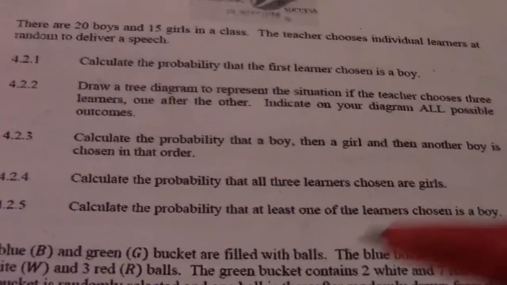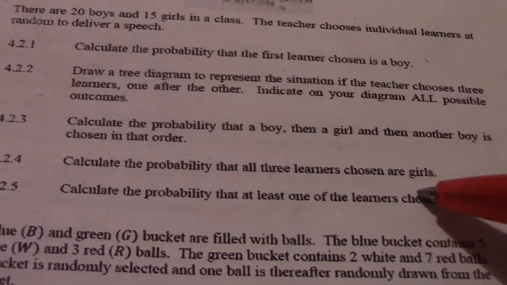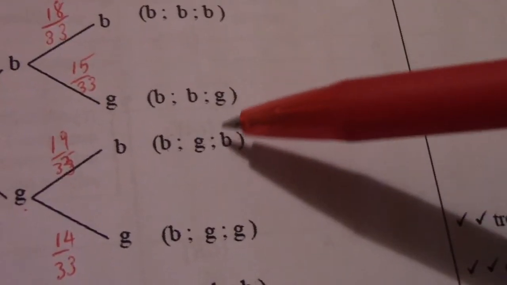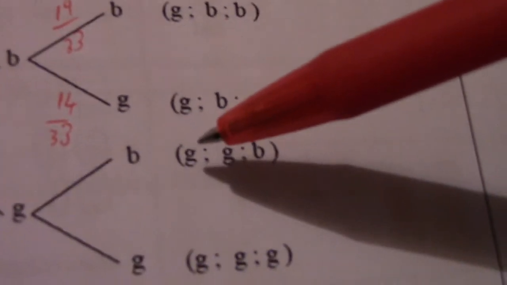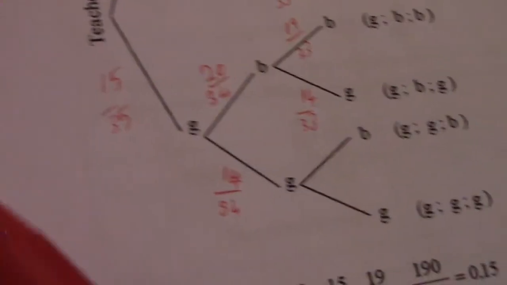My apologies. Calculate the probability that all 3 learners chosen are girls. So now we want P(GGG). So we look here at the outcomes, and we take the girls.